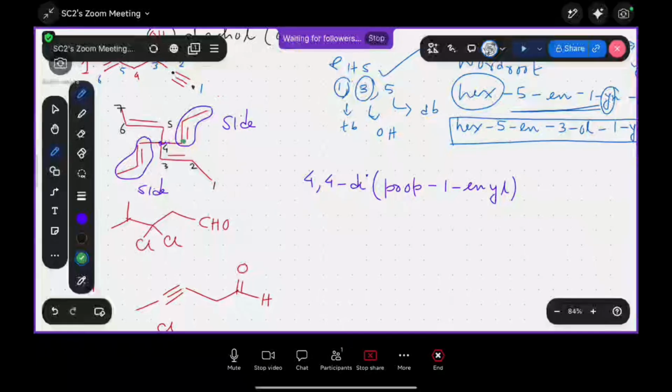So this carbon atom will be 1. For naming complex side chains, the carbon atom which is attached to the main parent chain is given number 1. And at the 1 position, we are having a double bond. So prop 1, enyl.